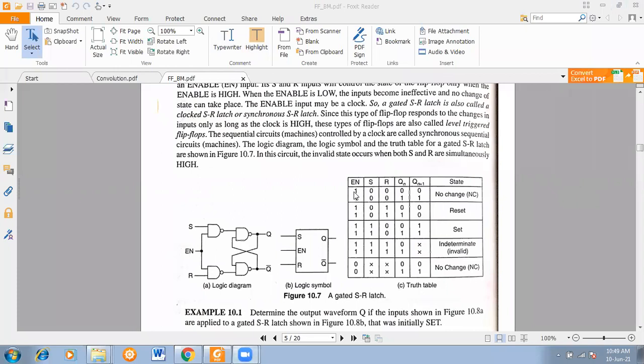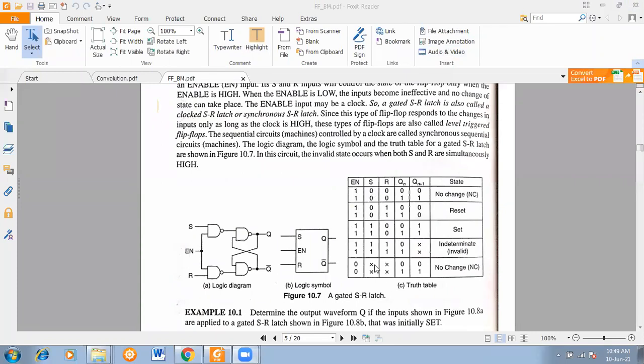So in the first case also, if enable input is there and S and R both are 0, then also the no change condition will be found. So there is a similar kind of output when the clock is present but S and R both are 0: no change condition.